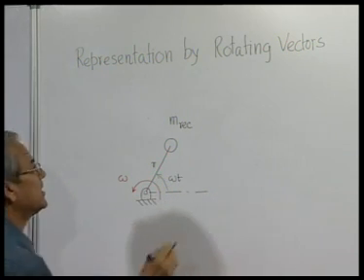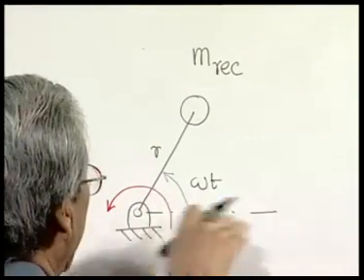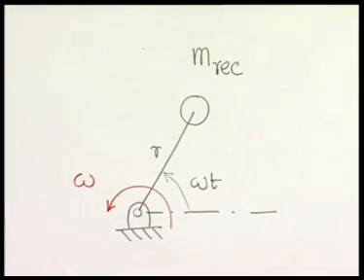If we consider the initial condition, that means at t equal to 0, the crank was aligned with the center line of the engine or the system.